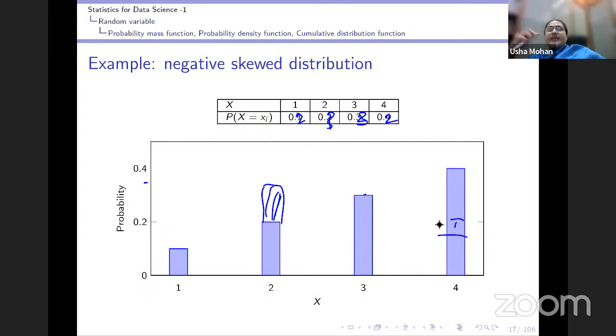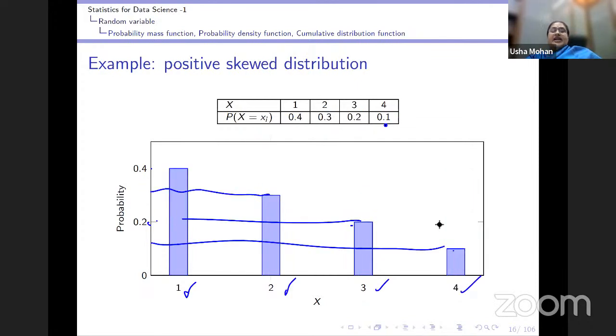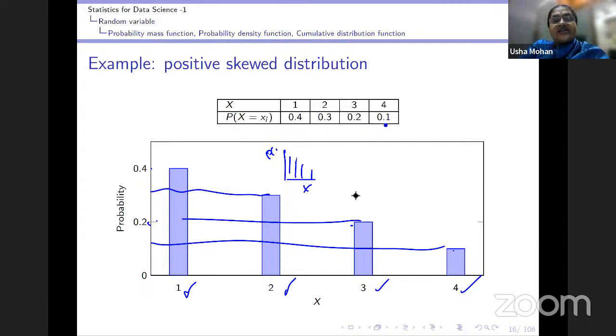Skewed is when it is bent to one side. If you look at this graph, the values are not symmetric. When I look at the shape of a distribution, I have x here and the probability that X equals x.